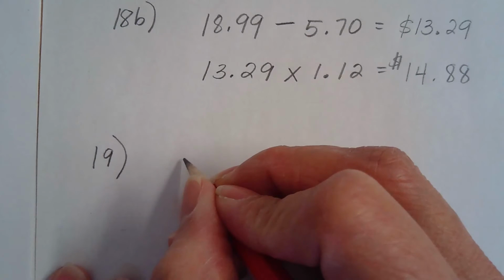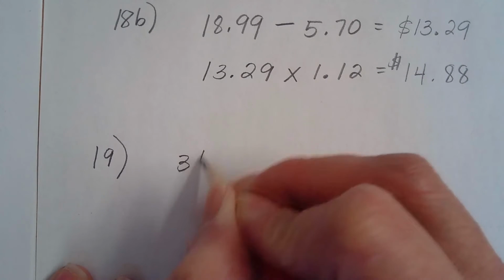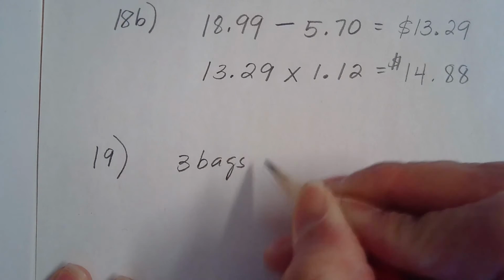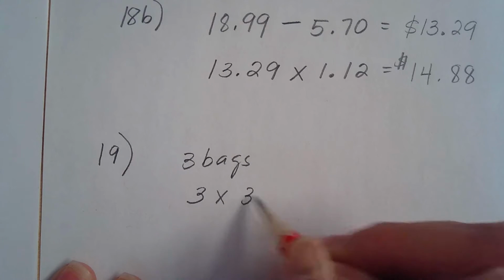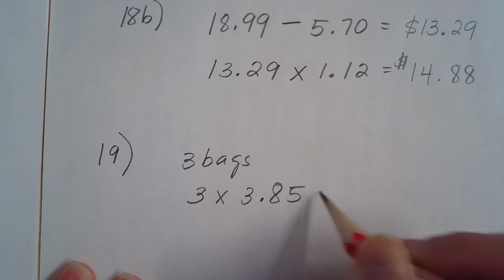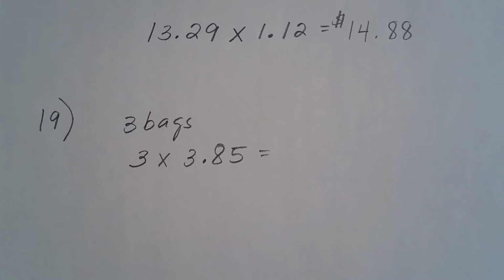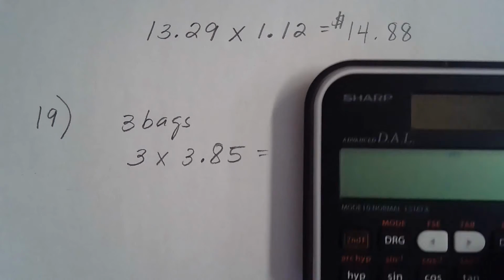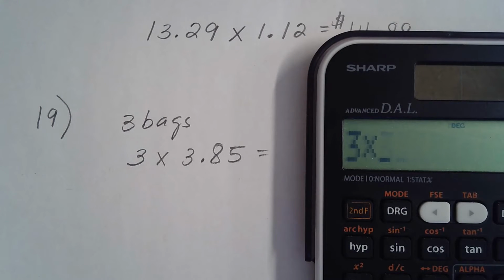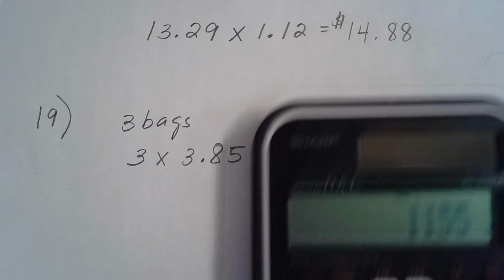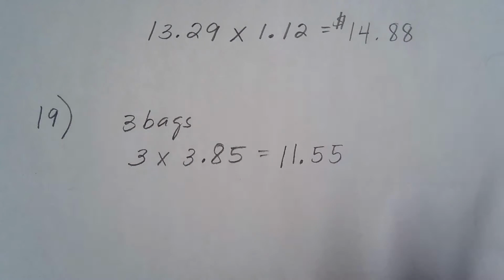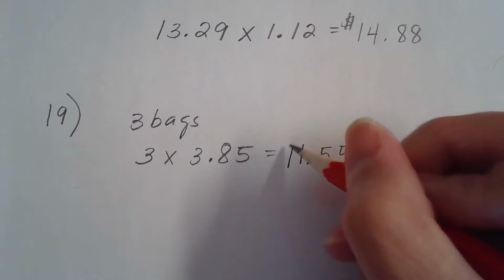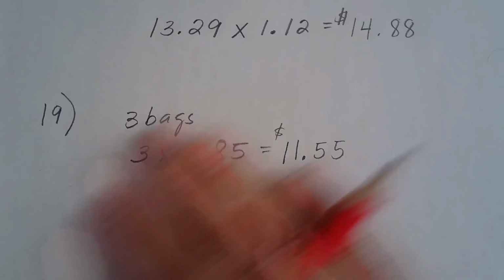Okay, so we know for 3 bags, it's gonna cost 3 times 3.85, because it's $3.85 per bag, each bag. So let's do that. So 3 times 3.85, it's gonna cost $11.55. That's without the discount.